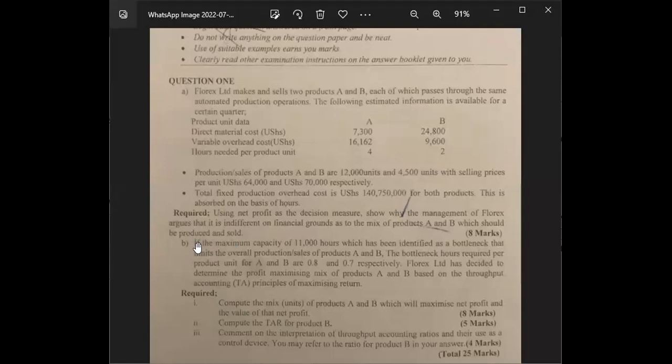So they said if the maximum capacity of 11,000 hours, which has been identified as the bottleneck, limits the overall production or sales of products A and B, the bottleneck hours required per product unit for A and B is 0.8 and 0.7 respectively. So meaning that here you have 0.8, here you have 0.7.